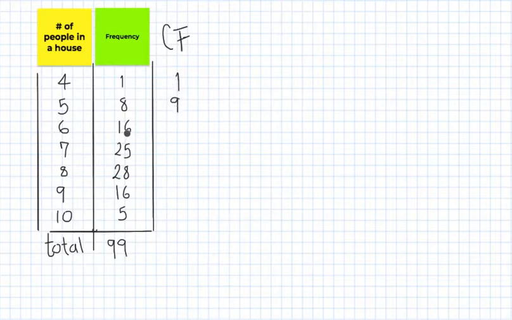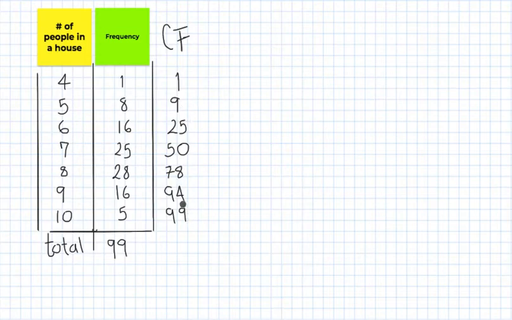So 9 plus 16, this is 25. 25 plus 25, this is 50. 50 plus 28, it's 78. And 78 plus 16, it's 94. And 94 plus 5, it's 99. Okay, so the last cumulative frequency has to be the total of the frequencies that we have, right?